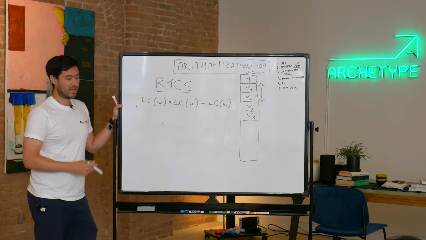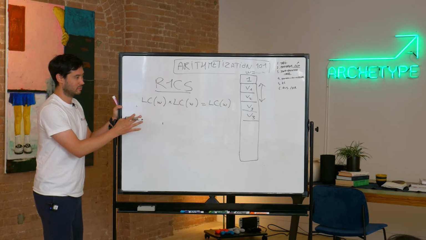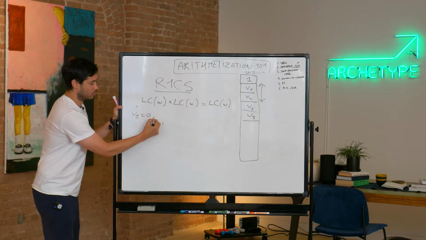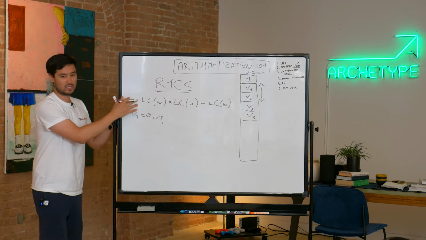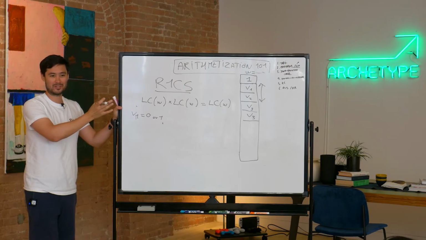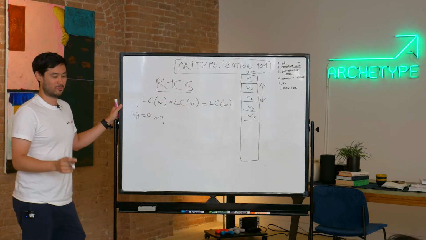So, okay, I'll ask the question. Can someone tell me how I would verify that V1 is 0 or 1 using these formats? I don't know if what I'm saying makes sense, but if someone tells me, yeah. Were you raising your hand?